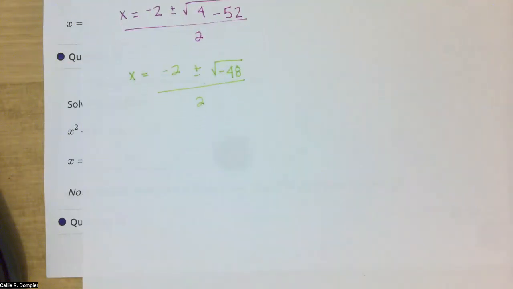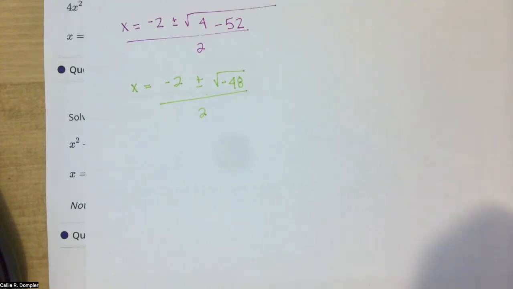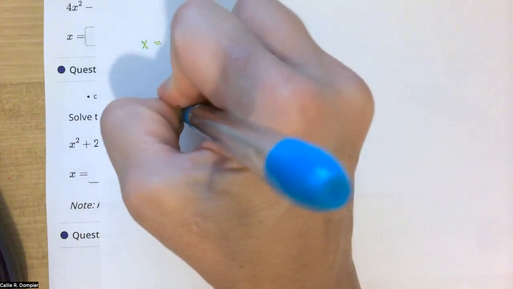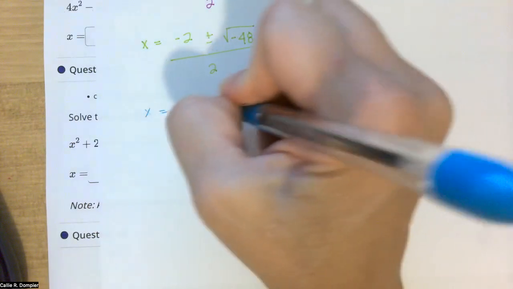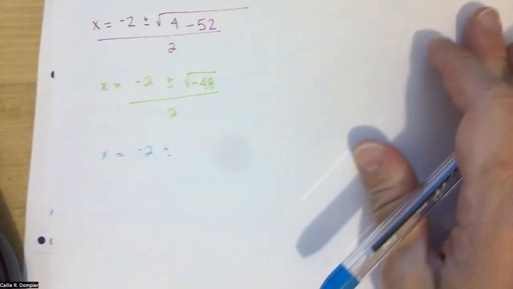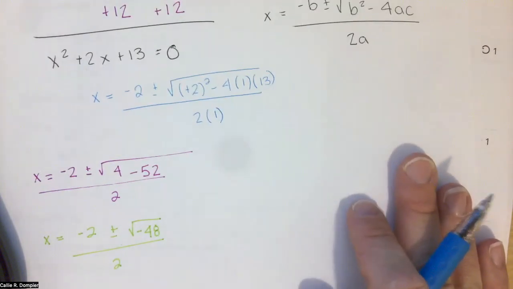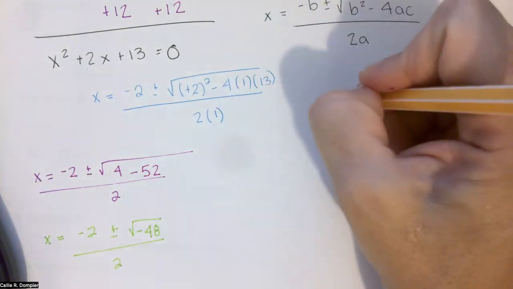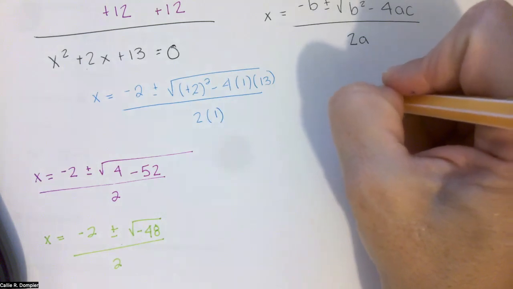Now, what do we do with a negative 48 under the radical? The negative under the radical, we're going to change to an i. Okay? x equals negative 2 plus or minus, I'm just going to take that negative 48 and put it up here.